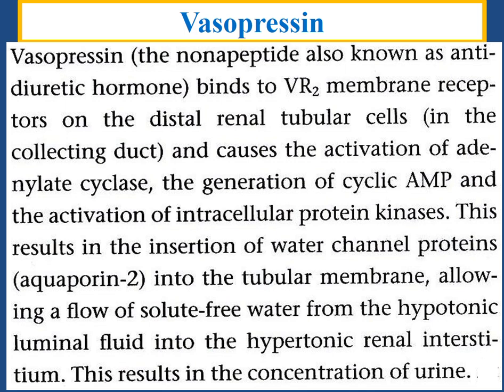This results in the insertion of the water channel proteins, so-called aquaporin 2, into the tubular membrane, allowing a flow of solute-free water from the hypotonic luminal fluid into the hypertonic renal interstitium. This results in the concentration of urine.